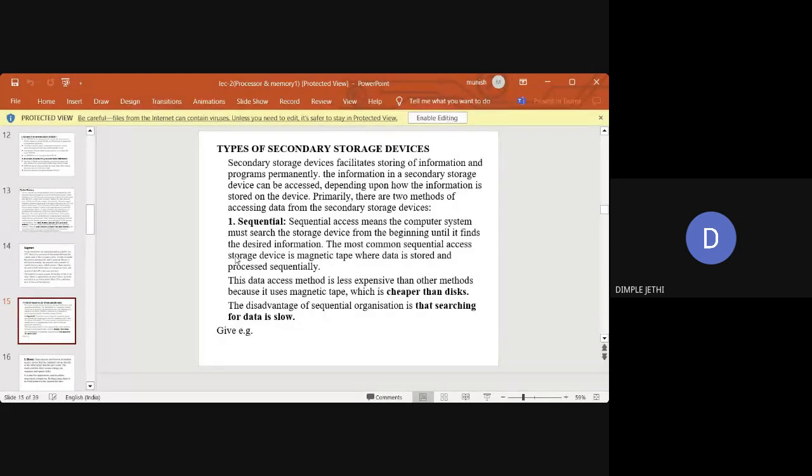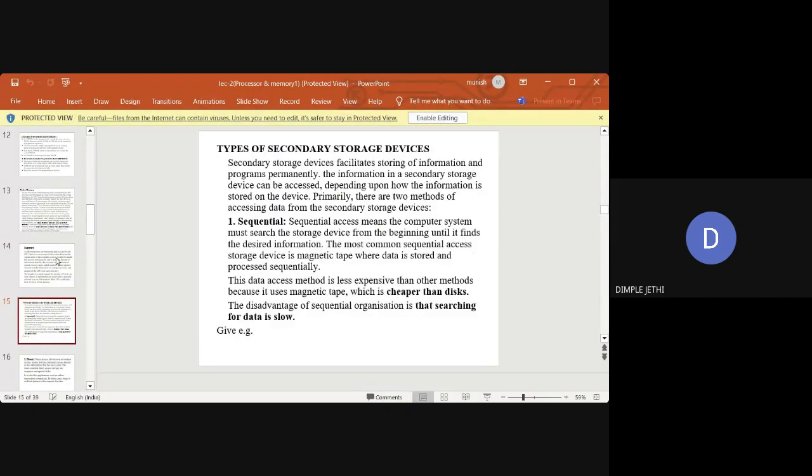Yes, they are permanent storage, with high capacity. Part of it can be erased and rebuilt again. Yes, right. And it is cheaper. So these all are the basic features of secondary storage, as you all are aware.